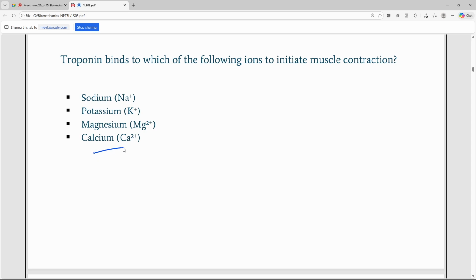We have just seen in the second question itself that calcium binds with the troponin. That's why calcium has multiple roles, but the major role of calcium itself is to bind with the troponin.